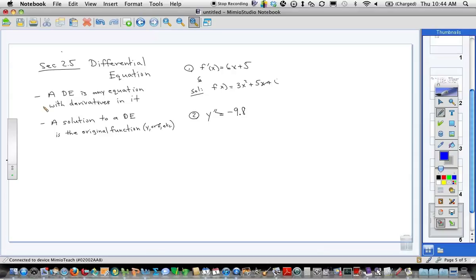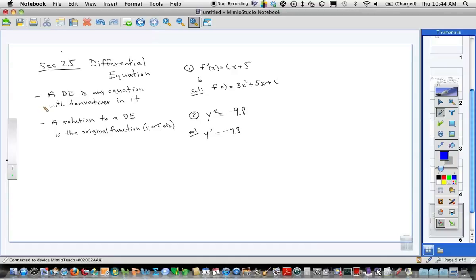Now, how would we get the original function y as the solution? We're going to have to do two antiderivatives, right? We're going to have to first find y prime. What would y prime be? Negative 9.8x. Now, hang on, I'm not going to write x on this one.